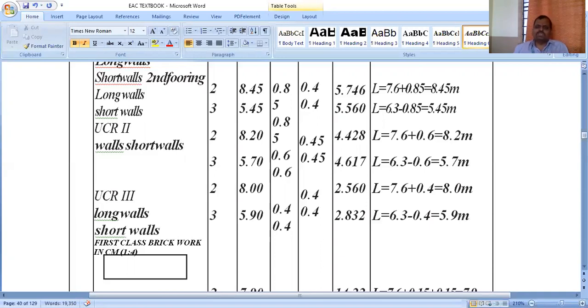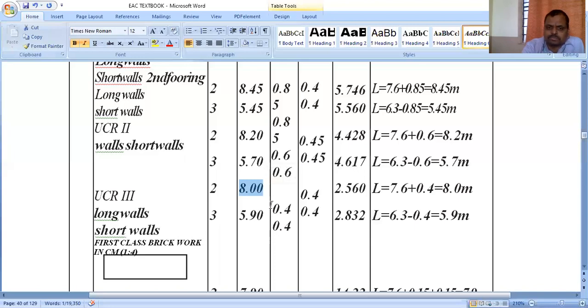Now we have already calculated the length of the long wall and the length of the short wall. How many long walls are there? There are two long walls. Here I have shown it as 2 number of long walls. After that, we have to write the length. The length is nothing but the length of the long wall, which we calculated as 8 meter.